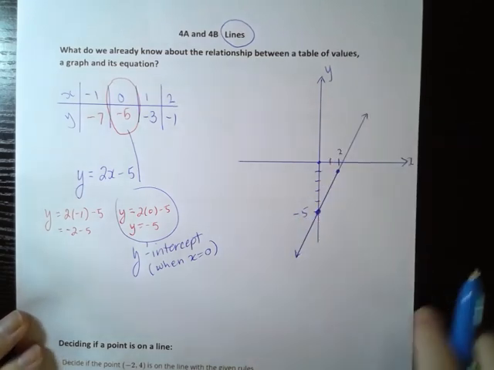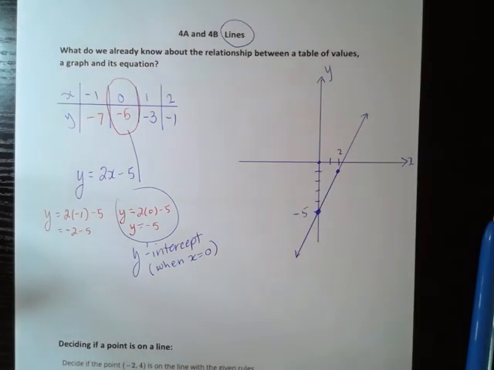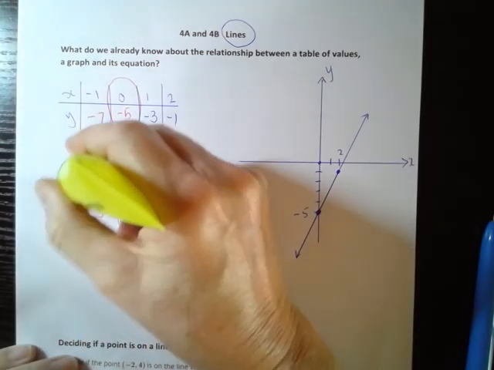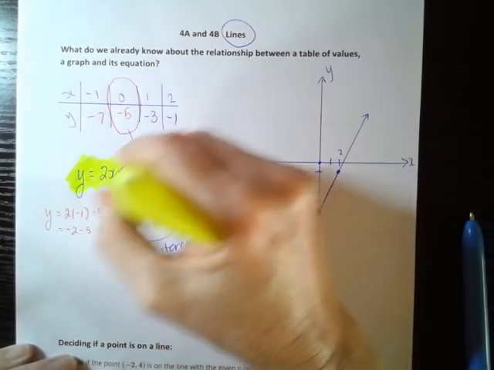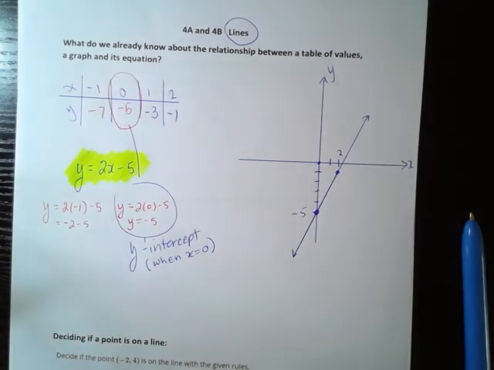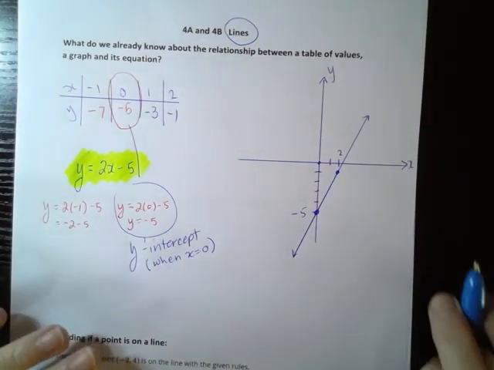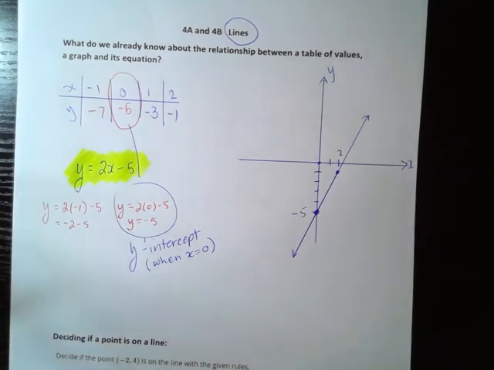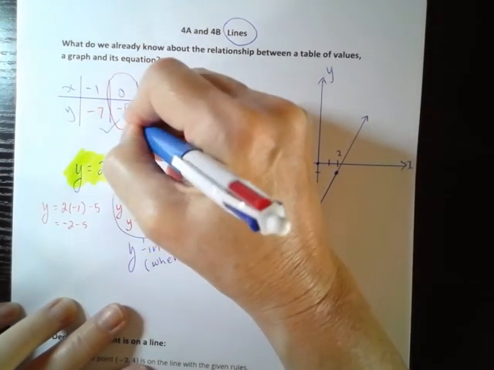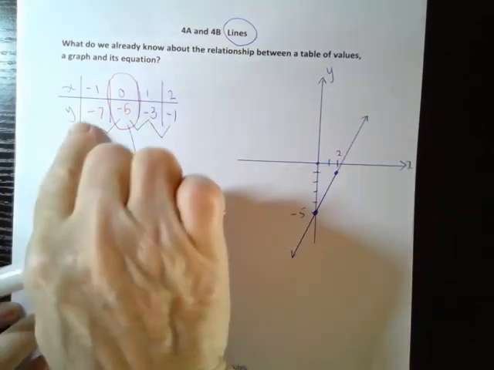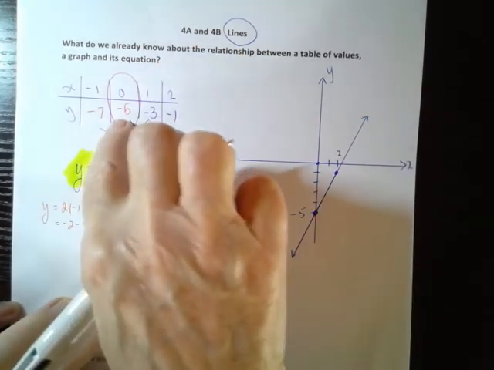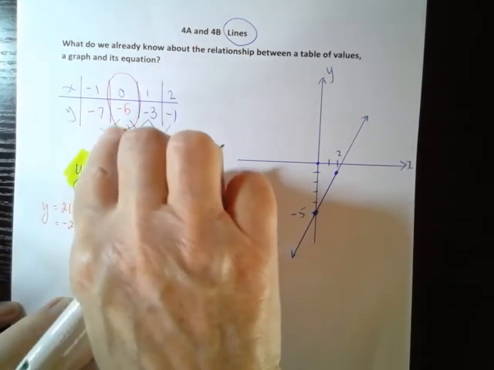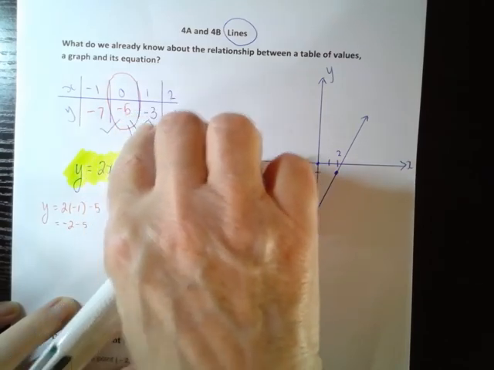Now let's just talk quickly about the rule. The rule helped me to get the points, but sometimes now we're going to be able to devise the rule or get the rule ourselves. And here's how it works. I use a different color here. In each one of these, I can note that to get to the next y, I was adding 2 each time. Negative 7 plus 2 is negative 5. Negative 5 plus 2 is negative 3.